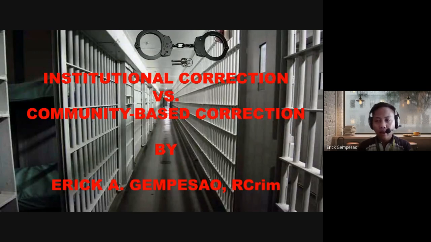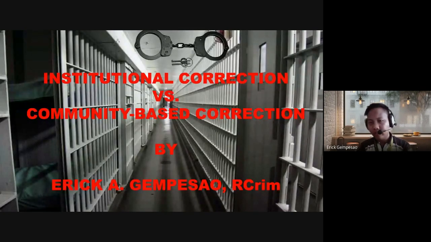The topic for this morning is institutional correction versus community-based correction, or non-institutional correction. In this topic, we will be discussing the difference between institutional and non-institutional correction.